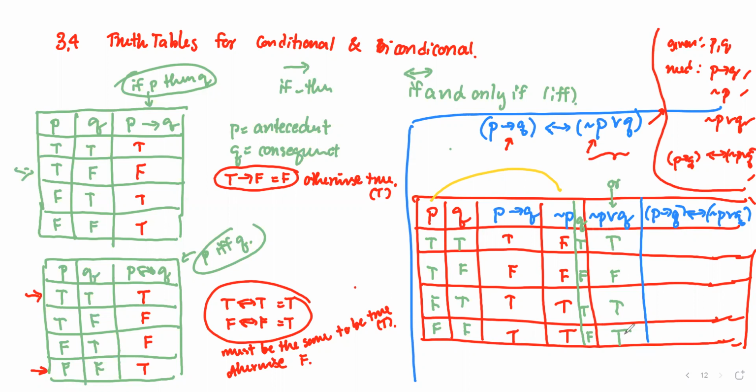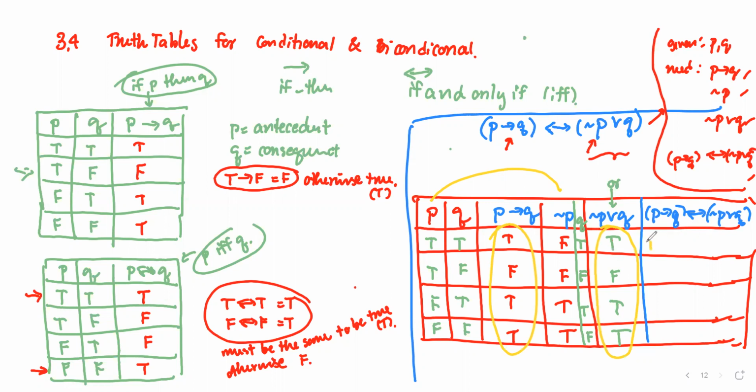And then for the last one, what you have to do is look for the truth value of P then Q and the truth value of not P or Q. Connect with the if and only if. So I can make a template here.